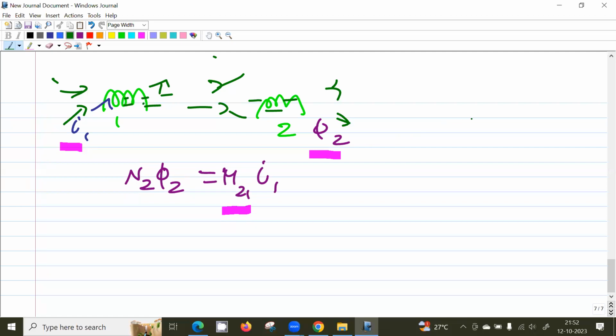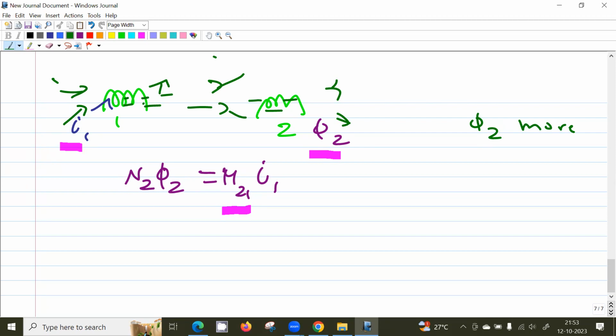Suppose I want to increase the flux phi2 linking the second coil. What can I do? Should I increase or decrease the distance between them? I can decrease the distance between them.